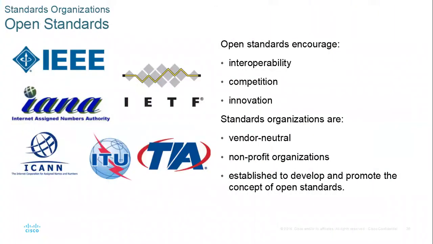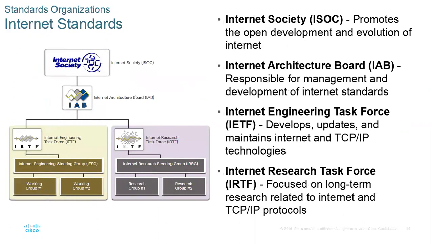Standard organizations. There are several organizations: the IEEE, the IANA, the ICANN, the ITU, the TIA, the IETF, the task force. They are the ones that encourage interoperability, competition, innovation, vendor neutrality, and they help to make sure that whatever the vendor, theirs is just to establish standards.